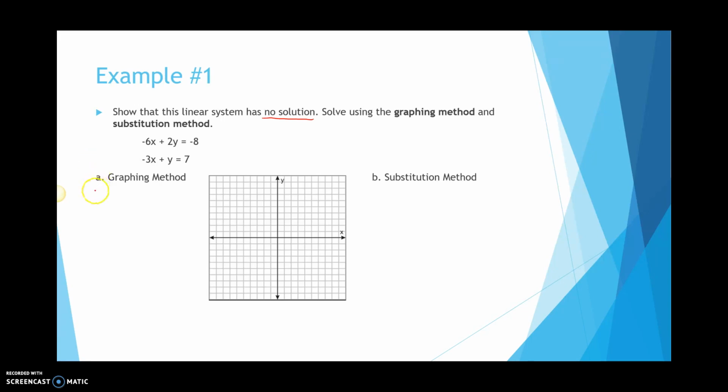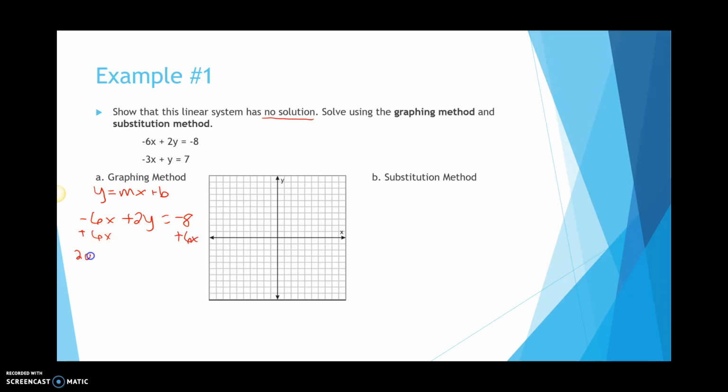For the graphing method, remember we need to put it in the form y equals mx plus b. So let's put negative 6x plus 2y equals negative 8 in that form. I'm going to add 6x to both sides.